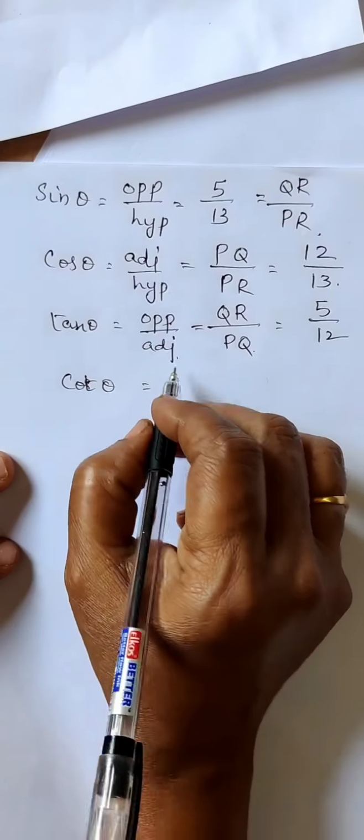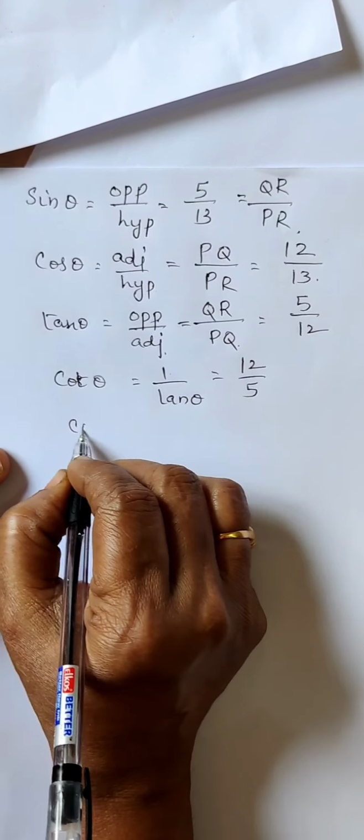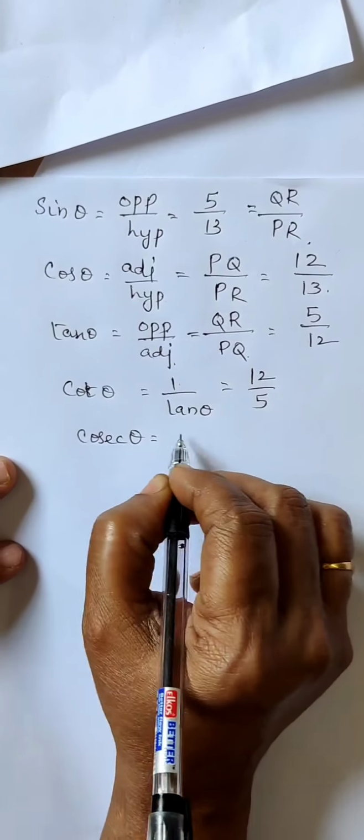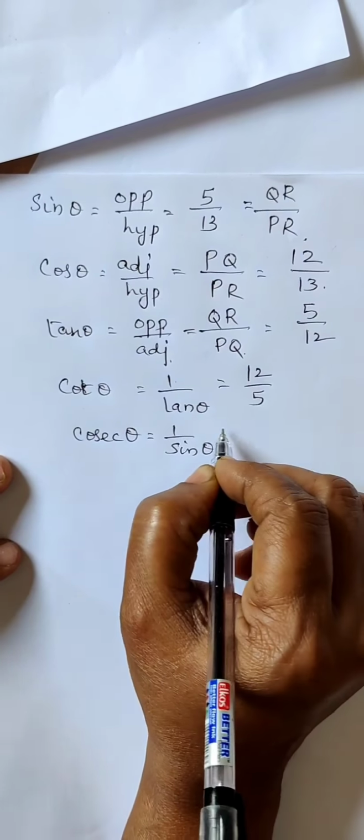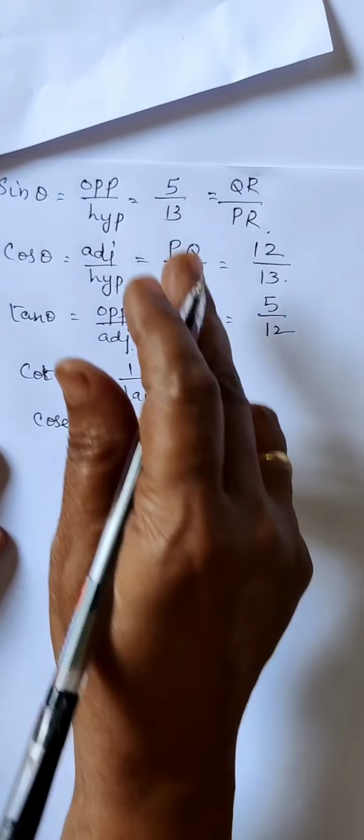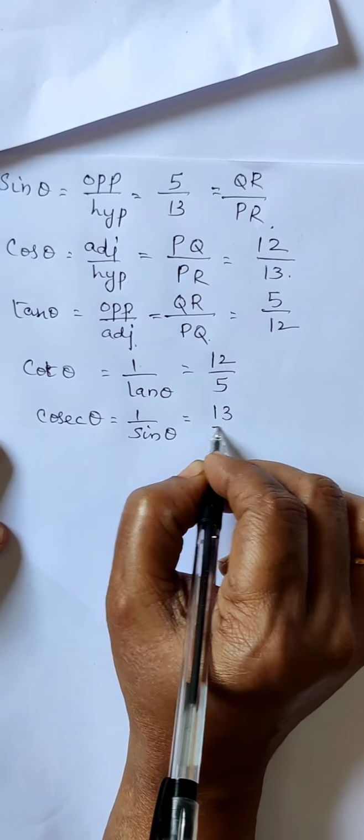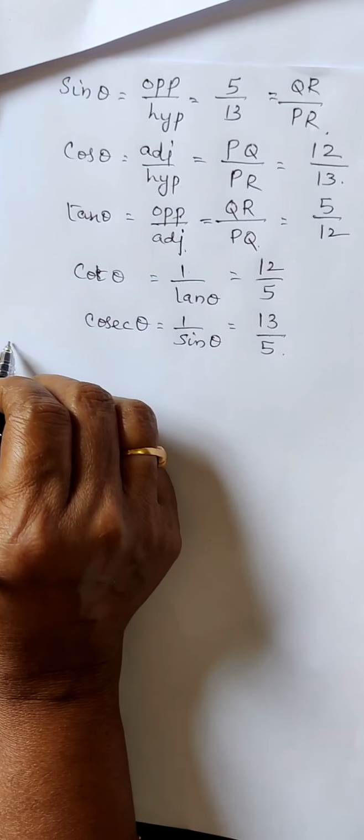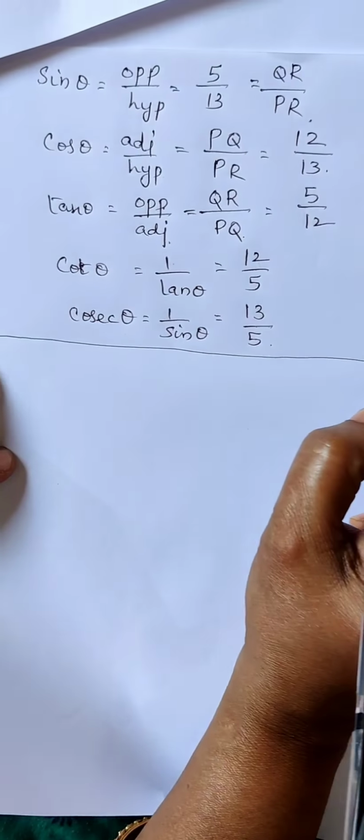Cot theta means 1 by tan, that means 12 by 5. Secant theta is already given. Next, cosecant theta. What is cosecant theta? 1 by sin theta means 13 by 5. So these are the ratios. So here the fifth problem comes to an end.